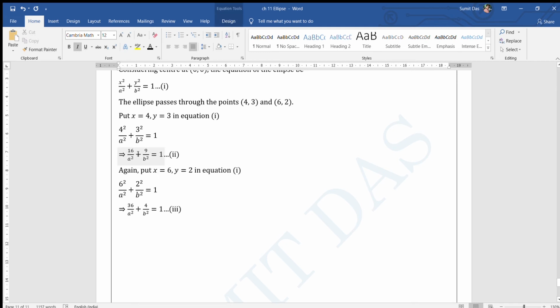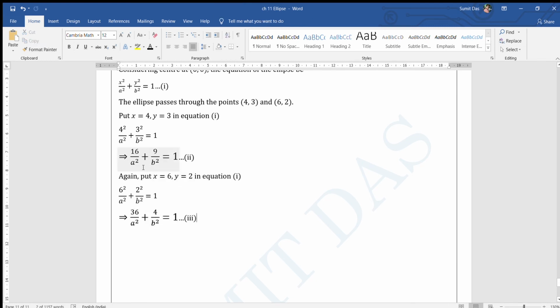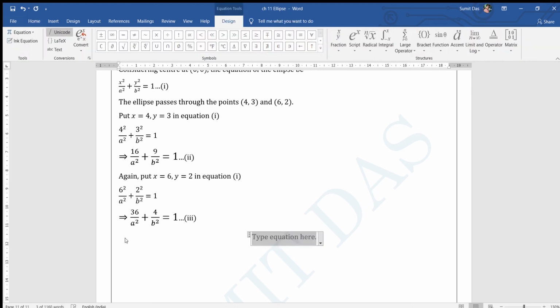Look, in these two equations, you can see the denominator is the same, right? So we can compare their numerators. For this, I'm going to multiply equation number 2 by something. Multiply 16 and 36. Please, anyone, find out the LCM of 16 and 36.